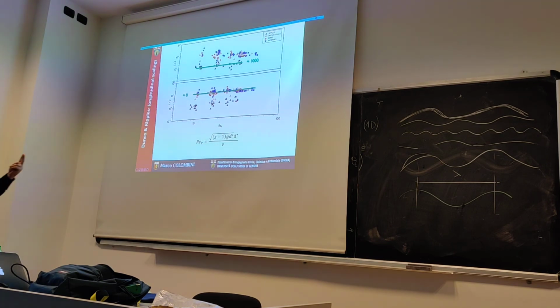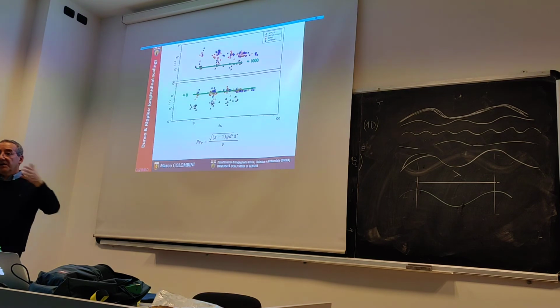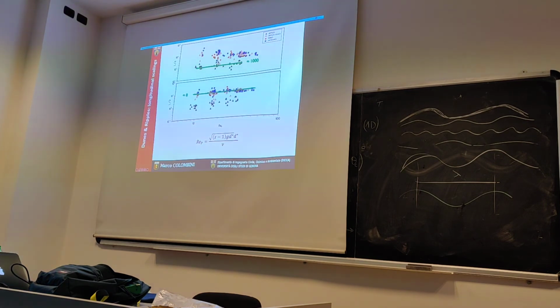Because 2 pi over 8 is a little less than 1. On the contrary, ripples scale much better with the diameter, even if the constant of proportionality is much larger, about 10,000 instead of 8.